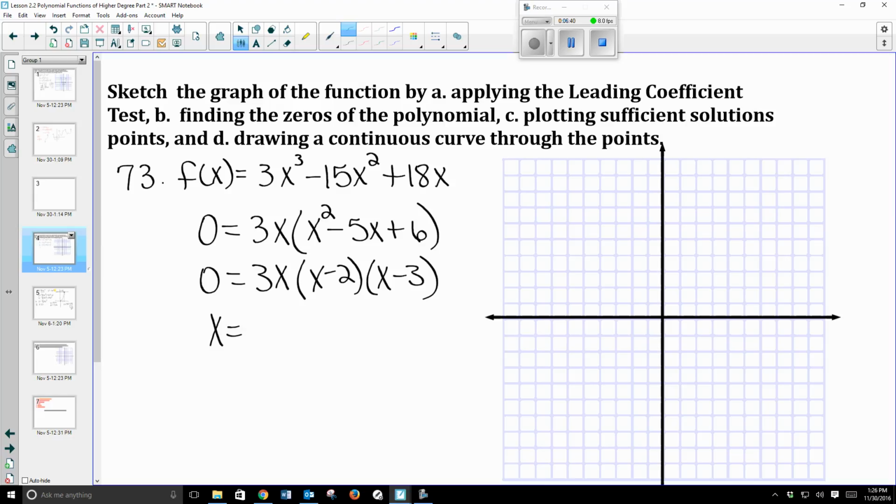So x is equal to, when I set this equal to 0, what do I get? 0. When I set this equal to 0, I get 2. And when I set this equal to 0, I get 3. And do they all have the same multiplicity, or are they all different? They're all odd. Odd multiplicity.